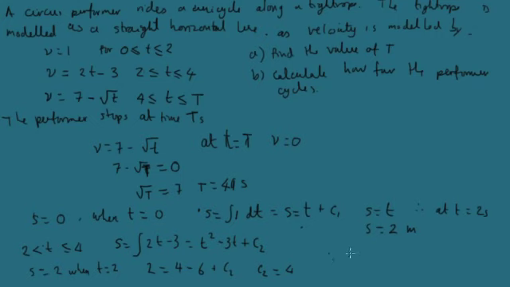Therefore, we've got s equals t squared minus 3t plus 4. And when t equals 4 seconds, s will equal 8 meters.